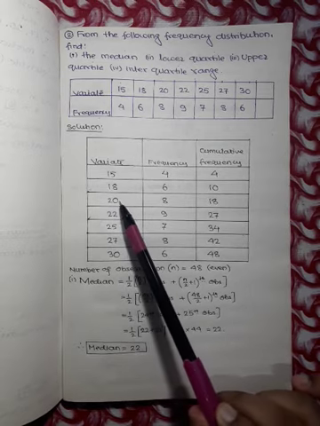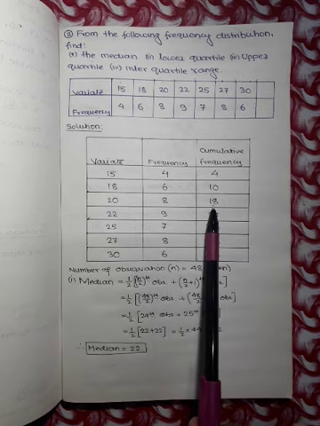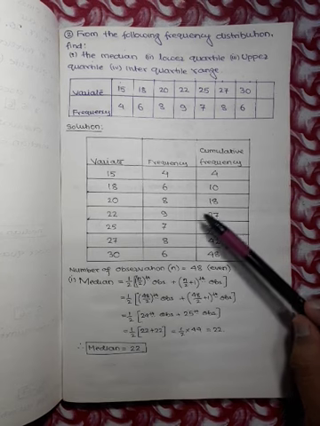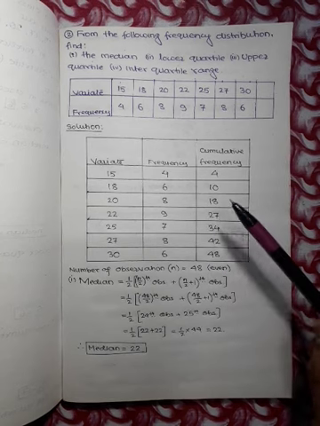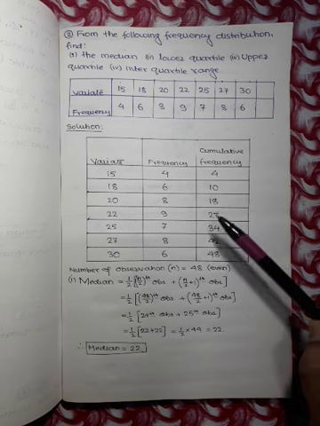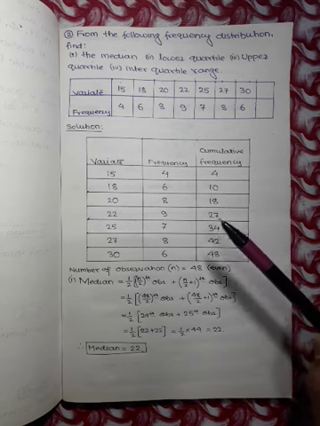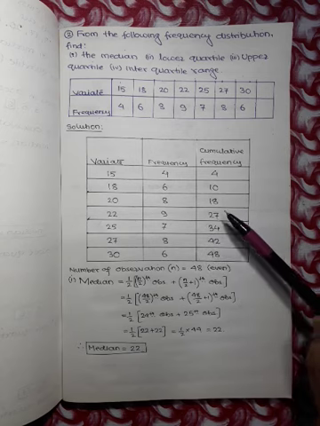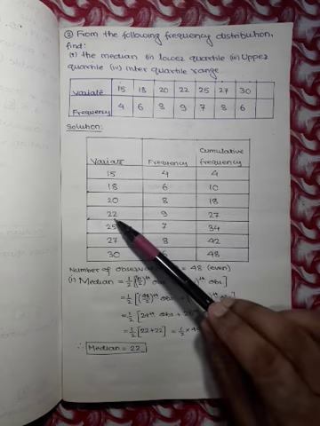Now from the 19th, the 20th is 22, 21st is 22, 22nd is 22, 23rd is 22, 24th is 22, 25th is also 22, 26th is 22, 27th is also 22.